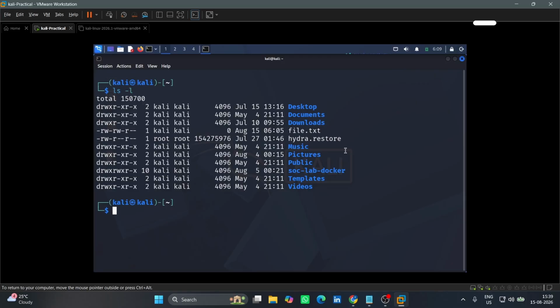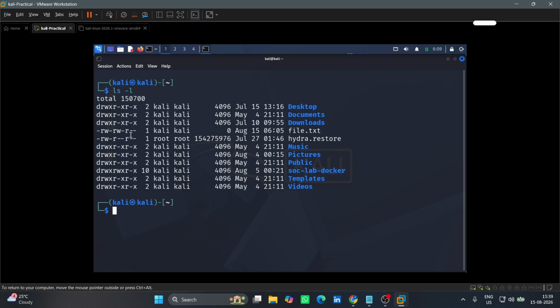The particular user which I created earlier does not have any privilege, right? And this particular Kali user belongs to the sudo group, and that's why that particular user is not able to list the material which is shown here.